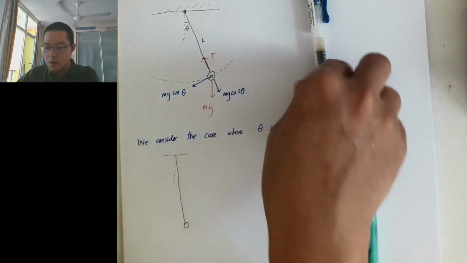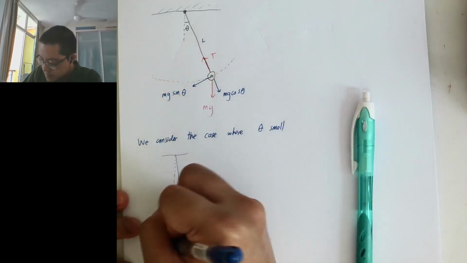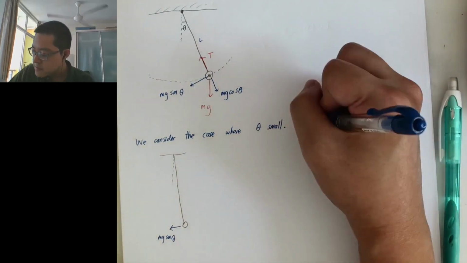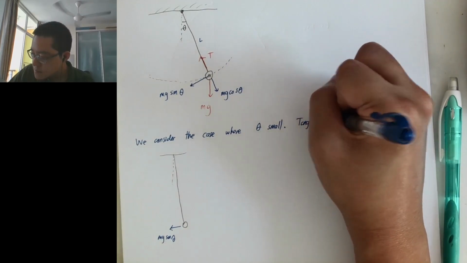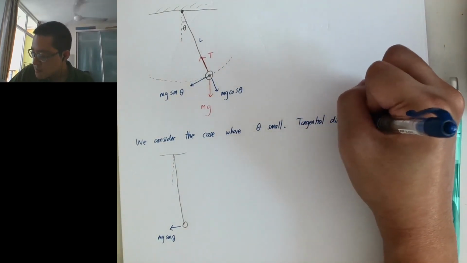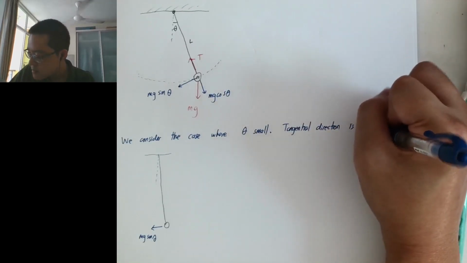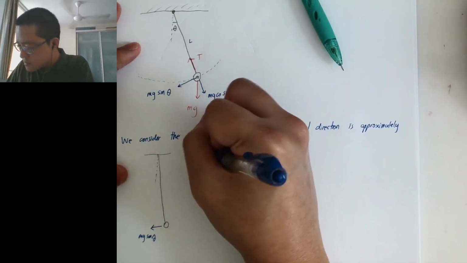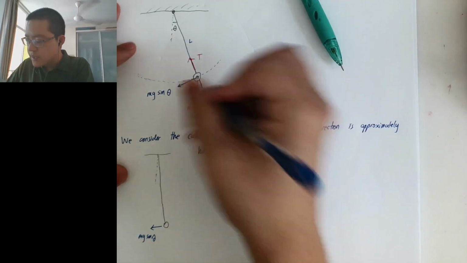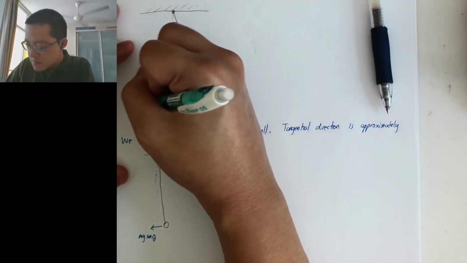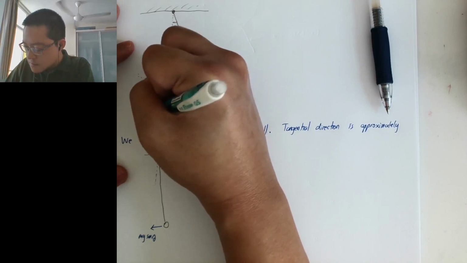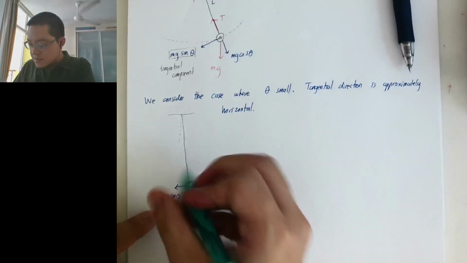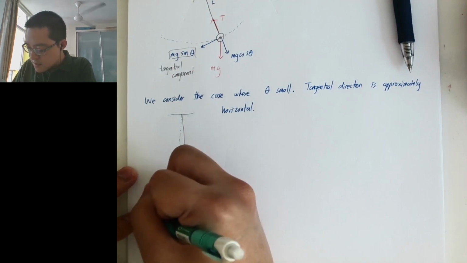And then the tangential force direction is approximately horizontal. So this is my tangential component. It is approximately horizontal.